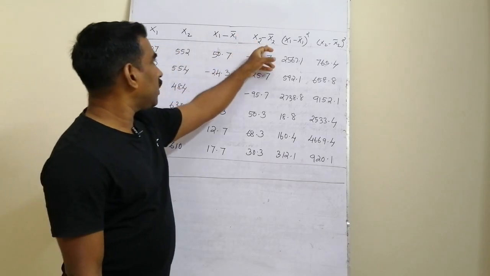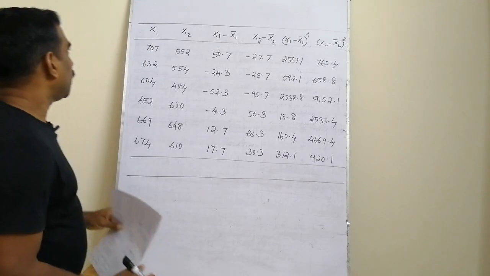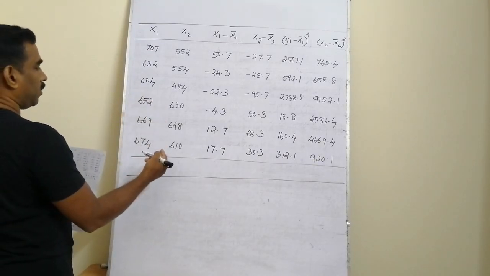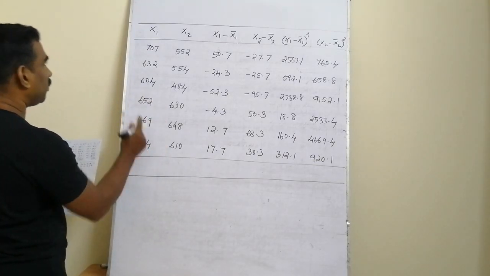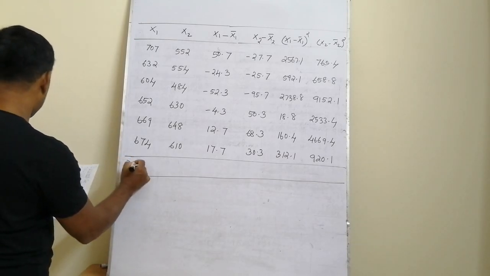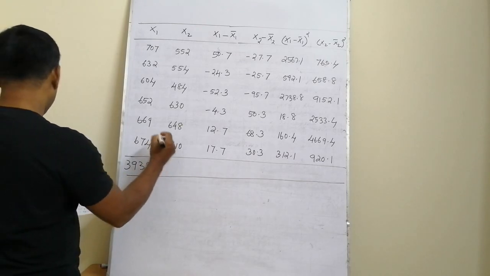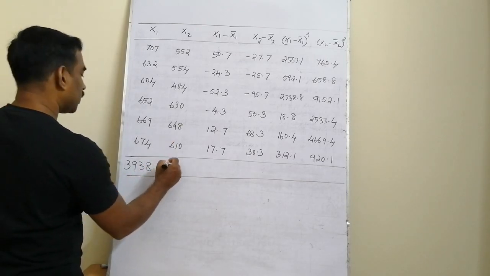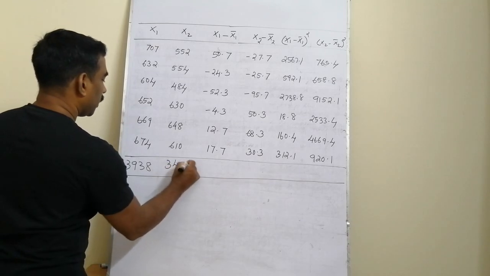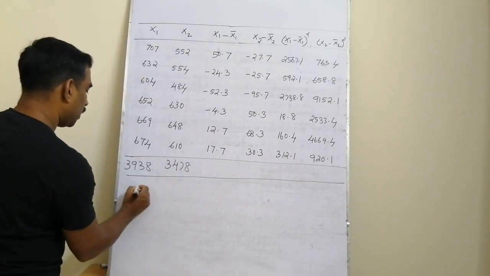Again take the deviation x2 minus x2 bar and compute another column, x2 minus x2 bar the whole square. The x1 bar and x2 bar come from the sums of the first and second columns. We have 3938 and the x2 column sum 3478.